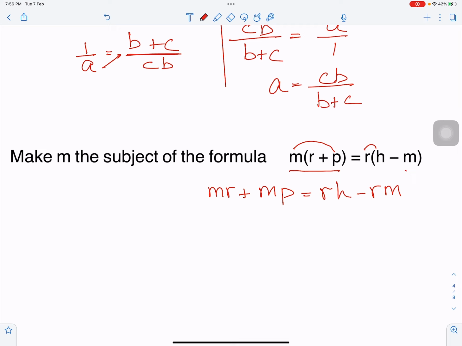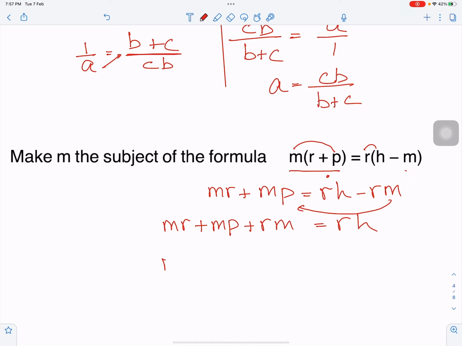Now all the terms which have m should be together. So it will be mr plus mp plus rm. I have brought this rm to this side and this rh will remain here.